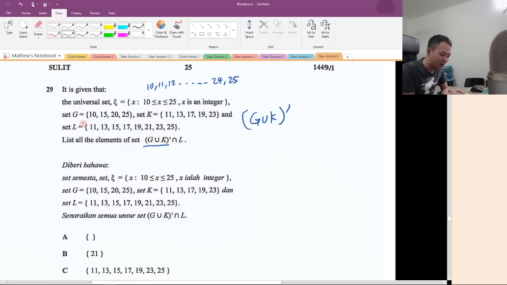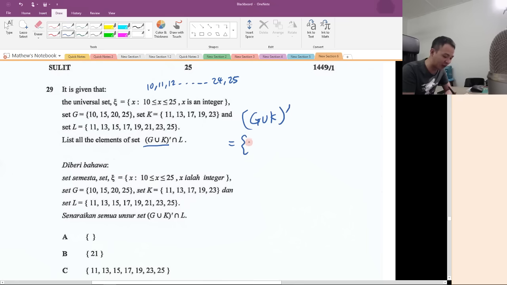Therefore, for G union K complement, I will focus on G and K, and then find the numbers that they don't have. Follow my steps. From here, they already have 10 and 11. They don't have 12, right?